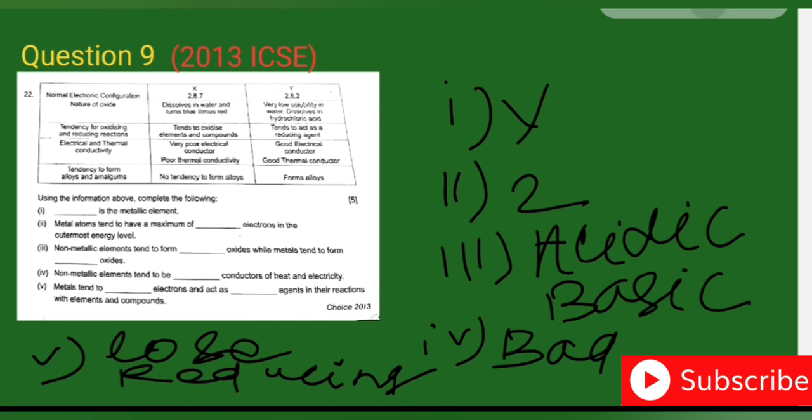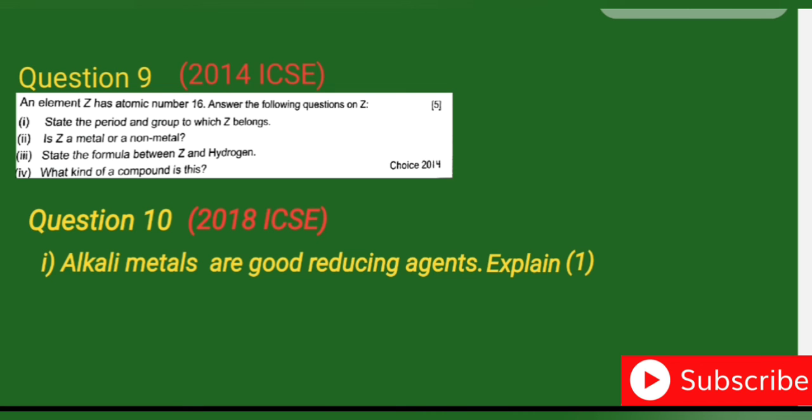Okay. Now the last question. An element Z has atomic number 16. Answer the following questions on Z. State the period and group to which Z belongs. Is Z a metal or non-metal? State the formula between Z and hydrogen.